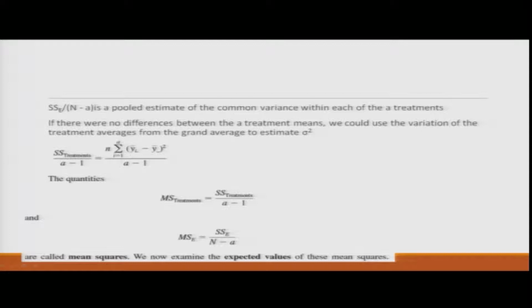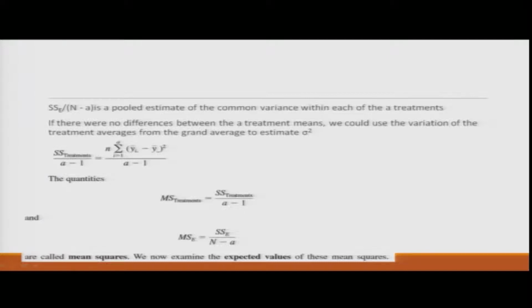So, SS treatments is given by the formula, which is the difference between the averages in the samples, and how many such etchings of the experiment you have, which is A in number, minus the grand average, which is y bar dot dot corresponding to the sum of all etchings and all the samples.